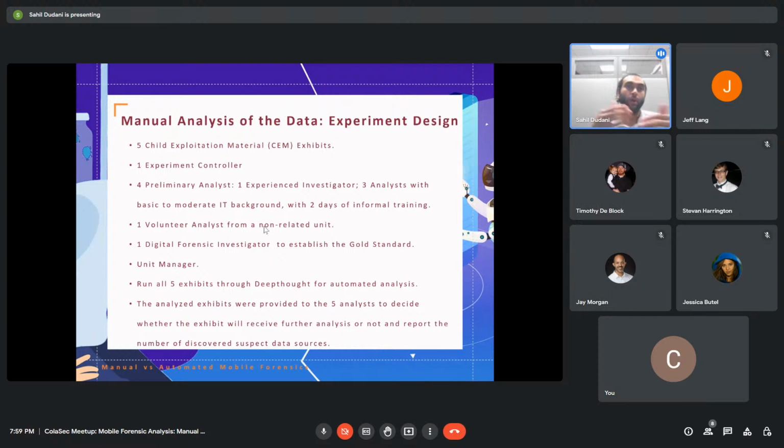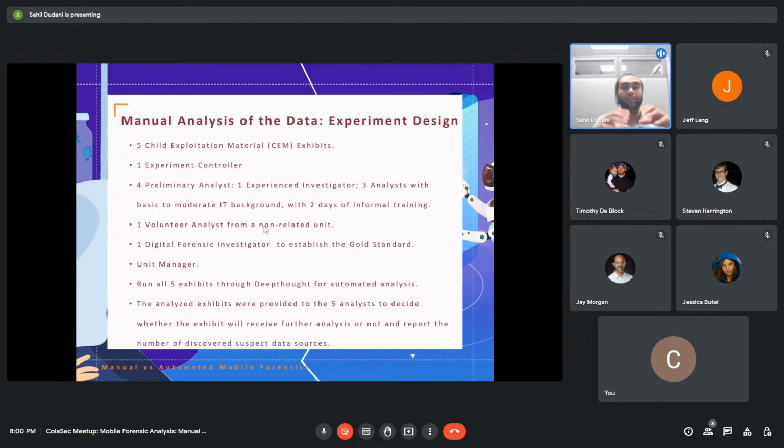And then there was another volunteer analyst from a non related unit. The 4 analyst unit that we're talking about is the child exploitation unit, which focuses on child exploitation cases, and they have domain knowledge. Whereas the one volunteer analyst is from a non-related unit, probably from copyright infringement or cryptocurrency or any other financial forensics. Then we had one digital forensics investigator to establish the gold standard.